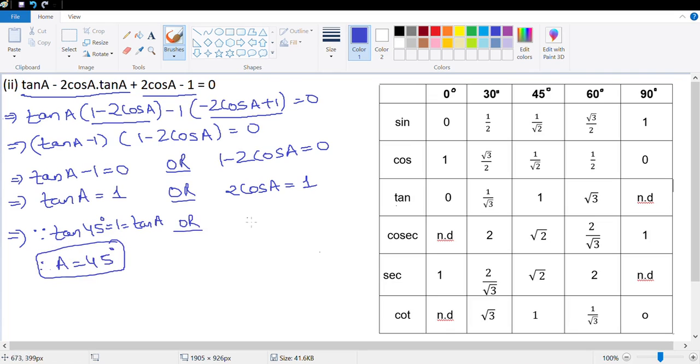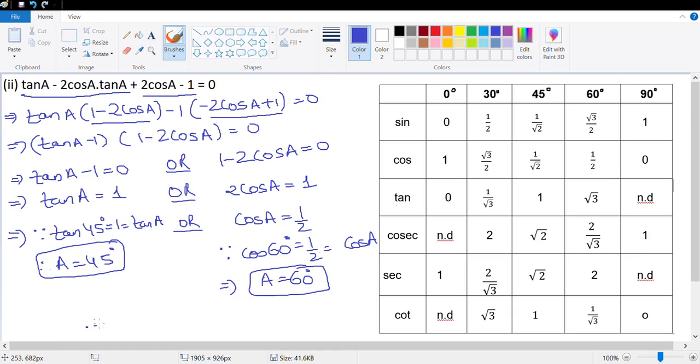This means cos A is equal to half, and we know since cos 60 degree is equal to half and this is given equal to cos A, what we get is A is equal to 60 degree. So we have two values of A, therefore A is equal to 45 degree or 60 degree. Done. That finishes this video for me.